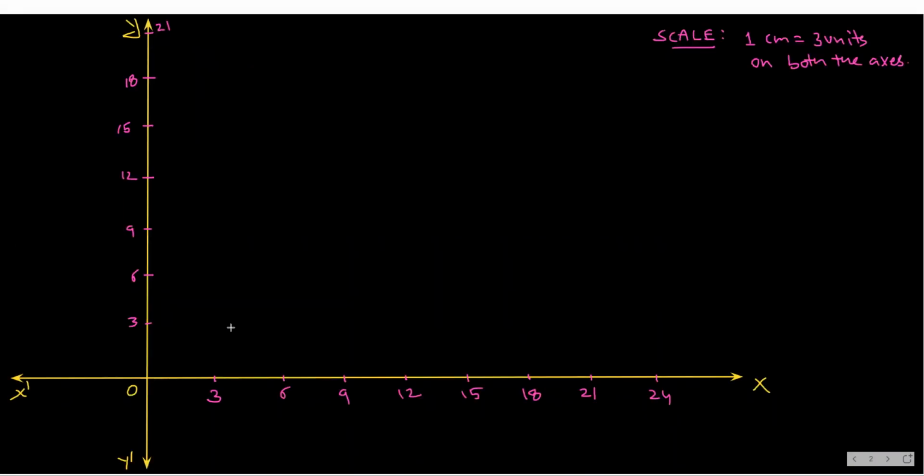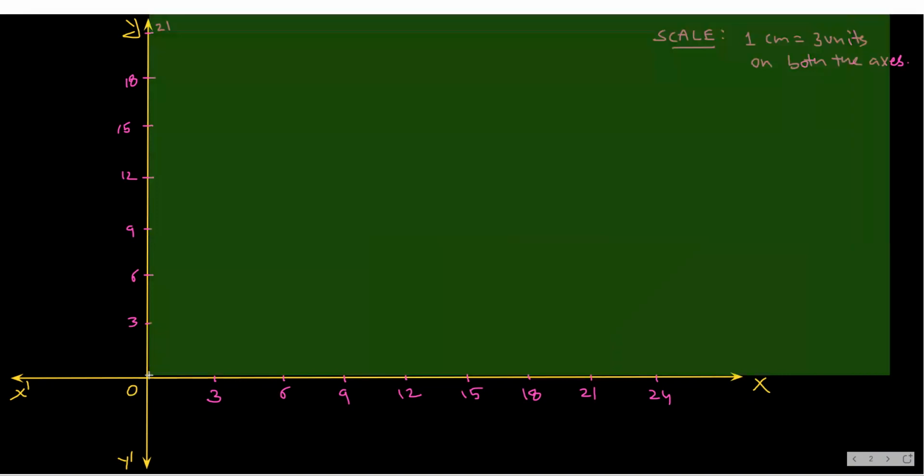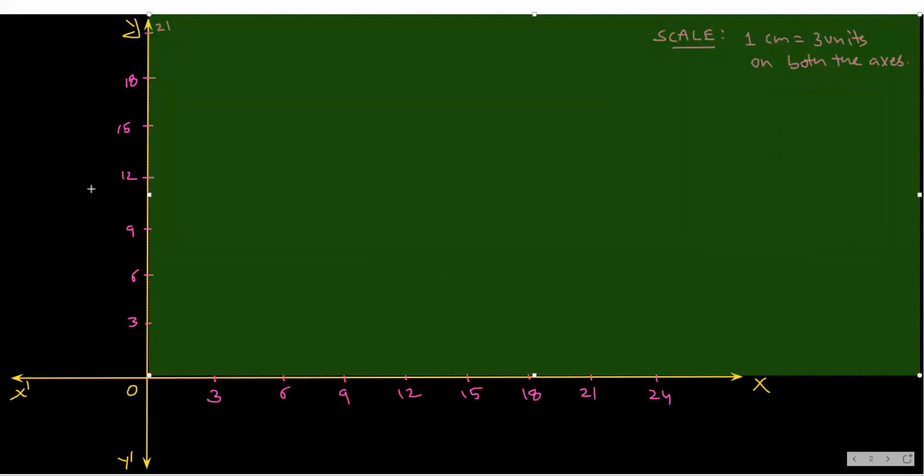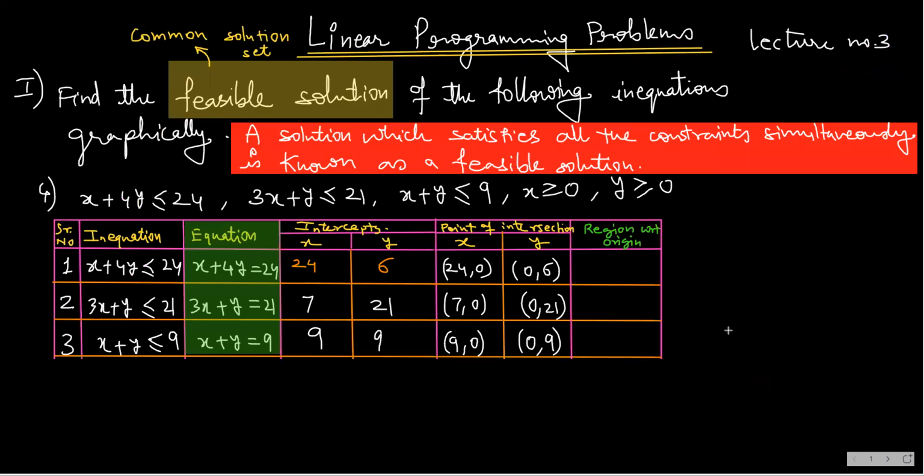Here I have drawn the y-axis and the x-axis, and you will specifically find that I have made the first quadrant too big, but the second, third, and fourth quadrants are not prominent. The reason is that in the beginning I saw that there are non-negative constraints, and whenever you have such constraints, the whole thing will appear in the first quadrant.